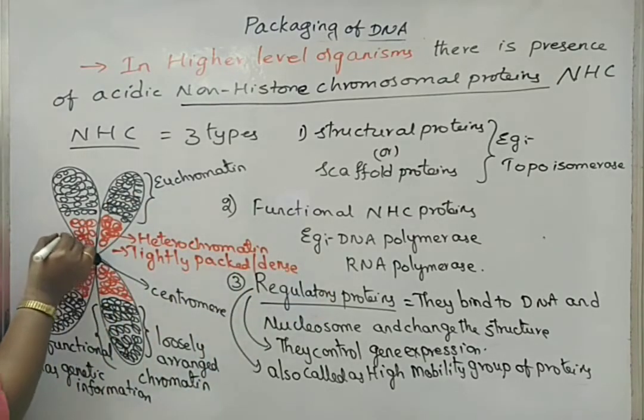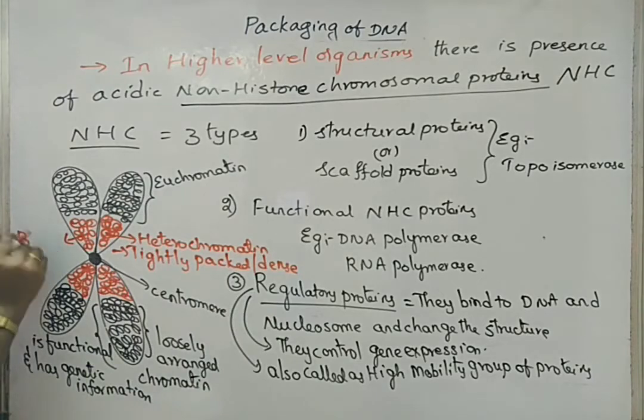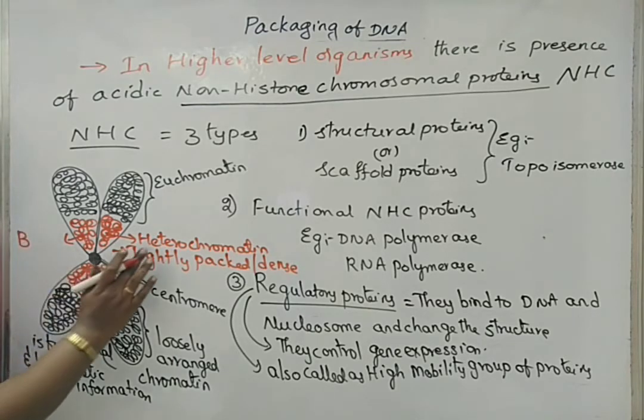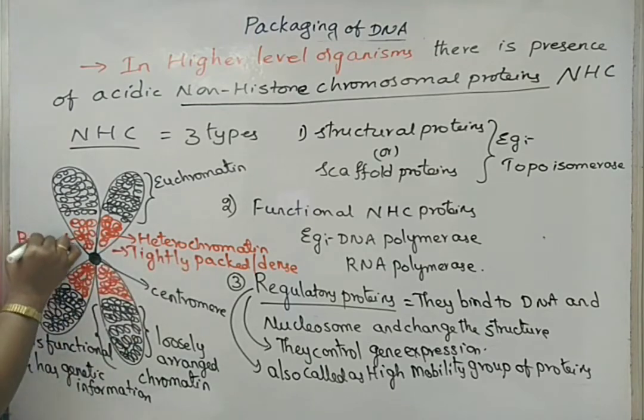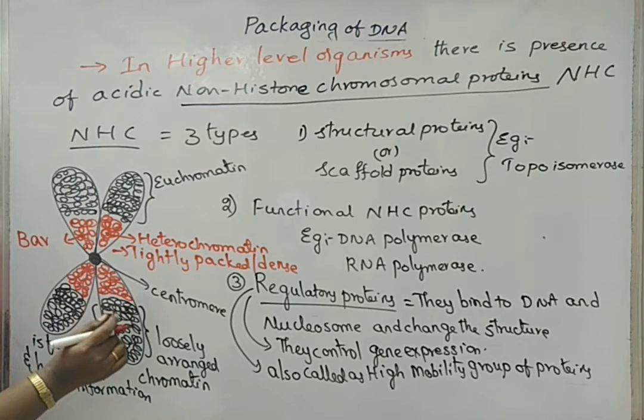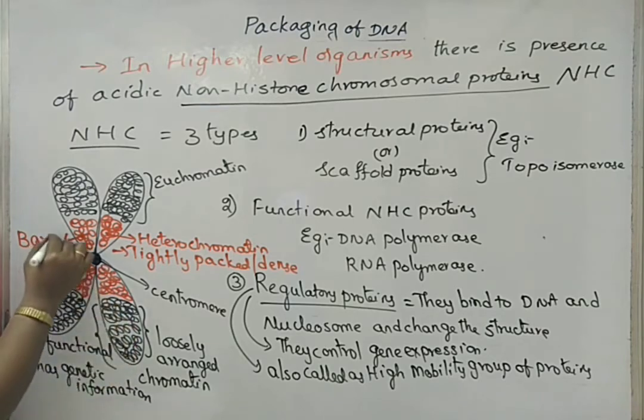We call this structure the bar body. Because of this part only, we say one X chromosome of the pair in females is a bar body. The term bar body is because of the existence of this highly densely packed heterochromatin part.